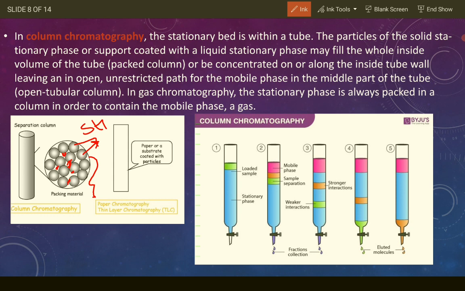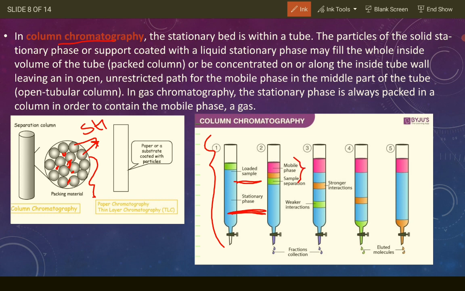So that is column chromatography. As you can see, this is a column, and you have loaded the sample right here, and this is the whole stationary phase, and there is now mobile phase.